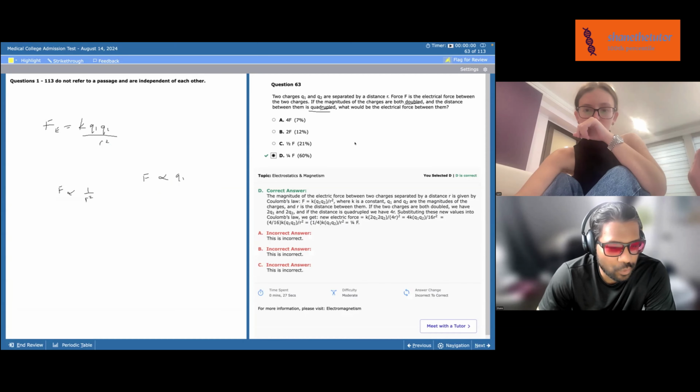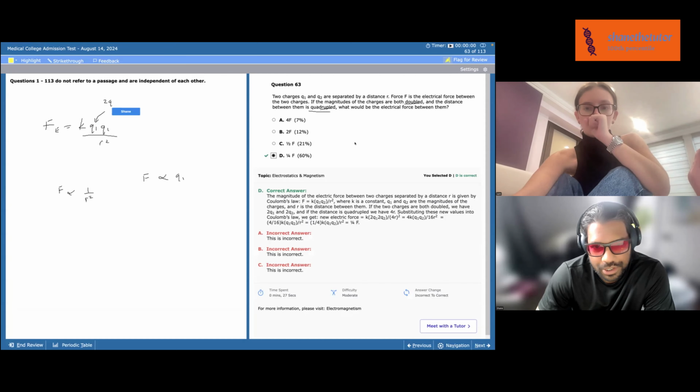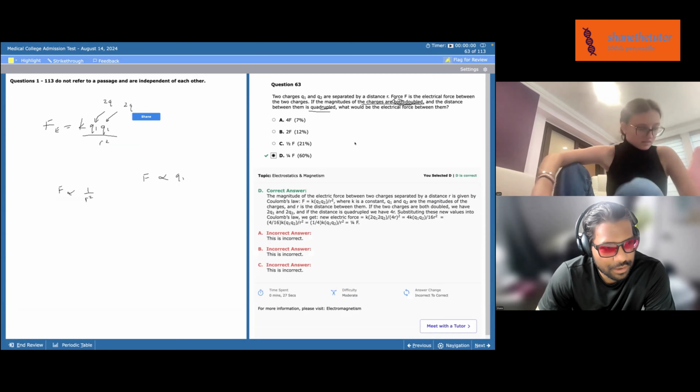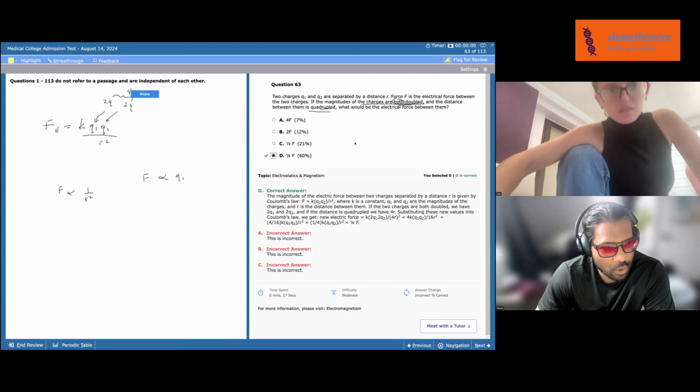So if we make this charge 2q, they're saying the charges are both doubled, so we made this charge 2q, they would make 4q, right?